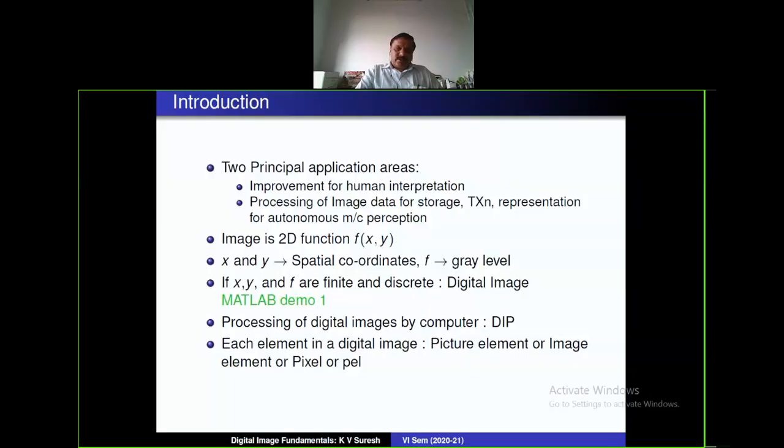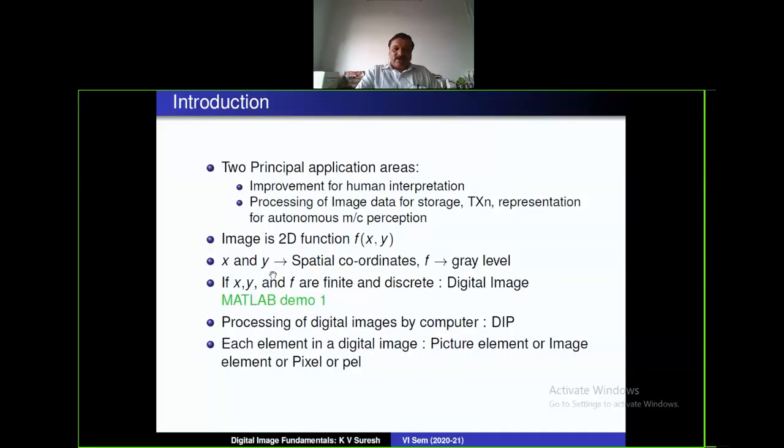So these are the principal application areas of image processing, and I already had mentioned that an image is a two-dimensional function. That means it has x and y as its coordinates, and at every value of x and y you will have some specific number which we call the gray level.